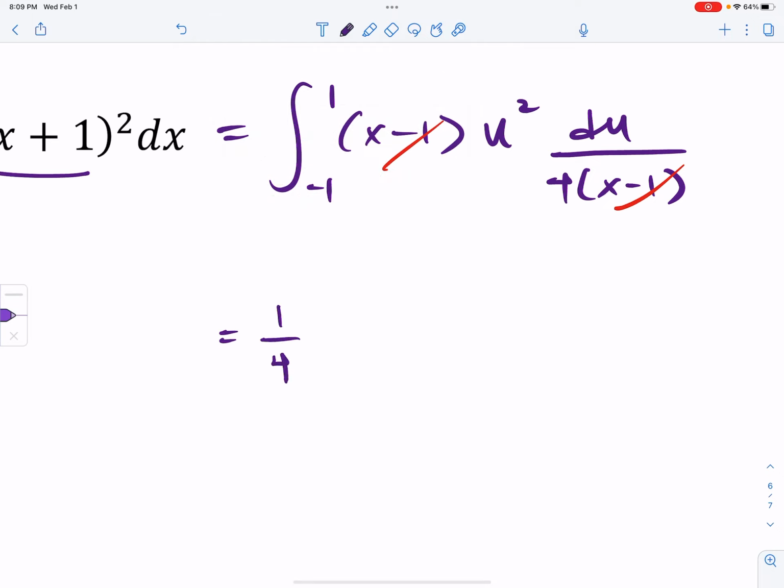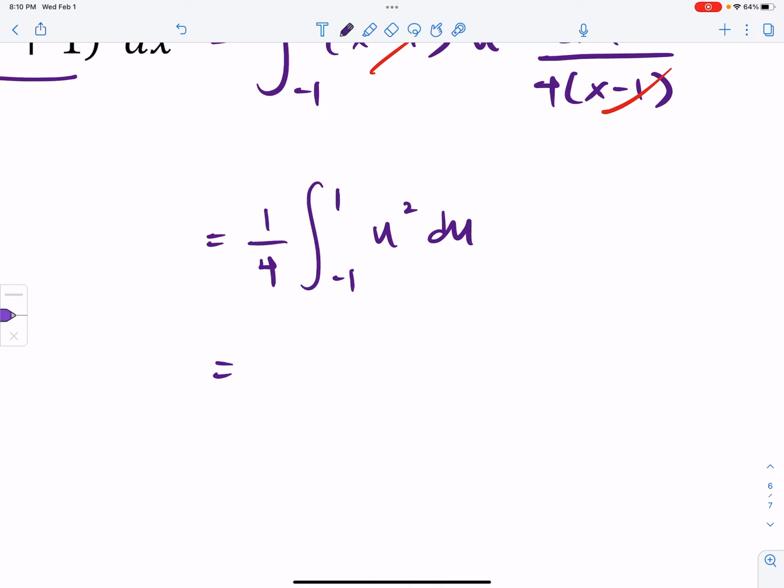We can pull 1/4 out. Okay, so then that'll be 1/3. So you can either leave the 1/4 pulled out, or if you didn't want to, you didn't have to, right?